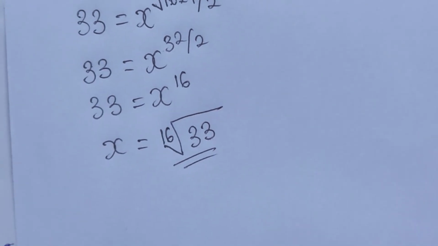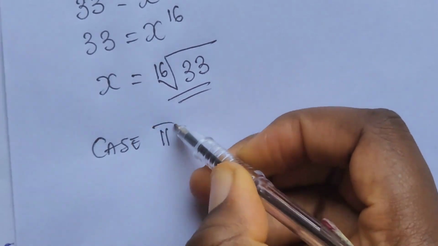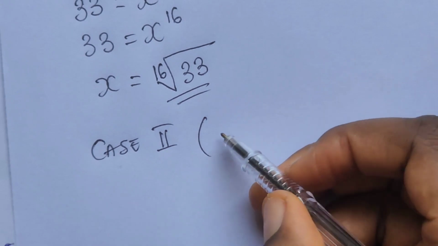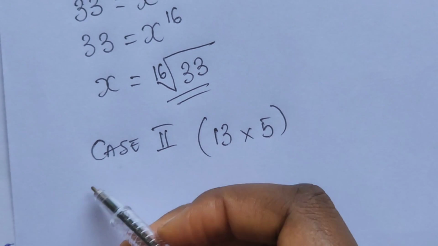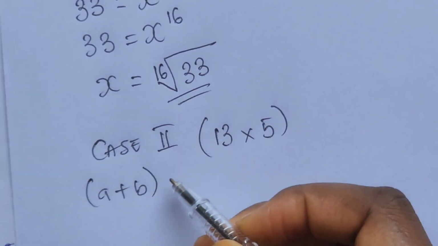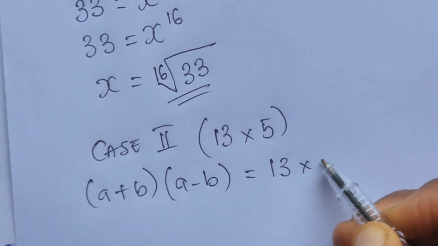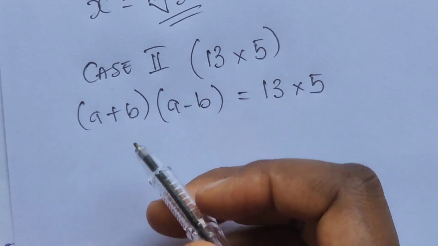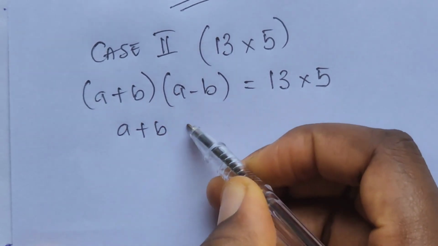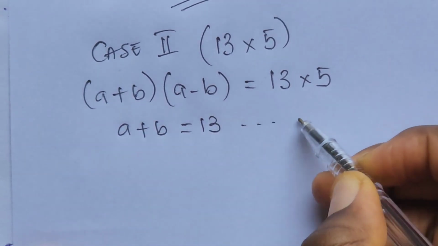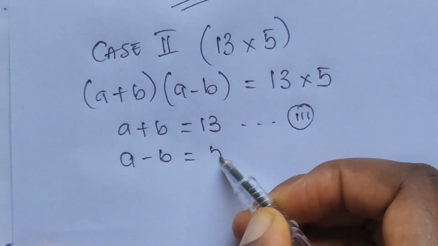Let's consider the second case. We have case 2, and we have 13 times 5. So we have a plus b times a minus b to be equal to 13 times 5. So we get the first equation, a plus b to be equal to 13 as equation 3, and we have a minus b to be equal to 5.